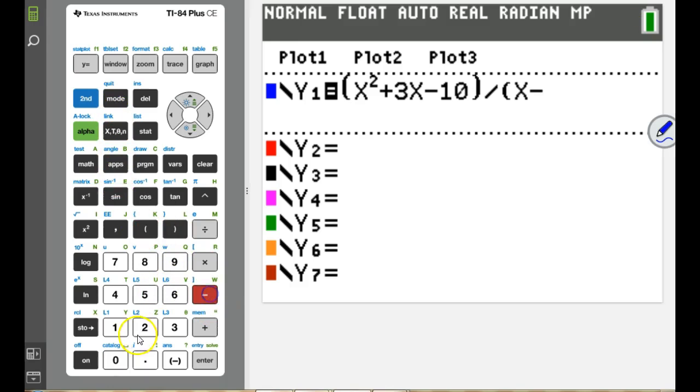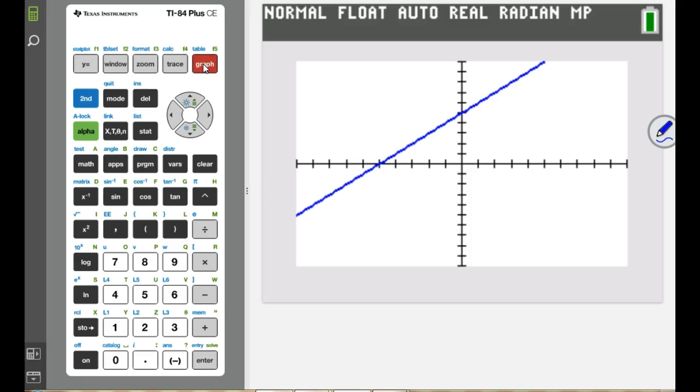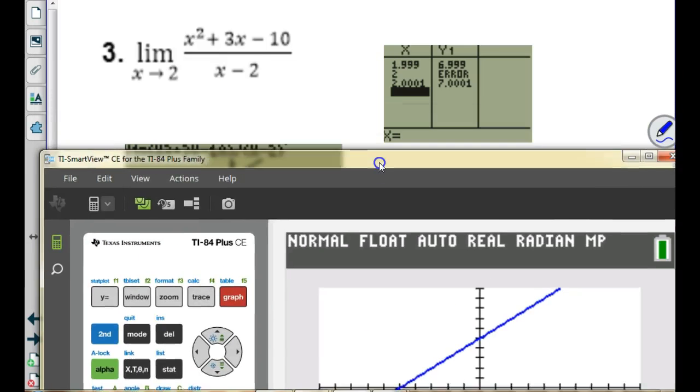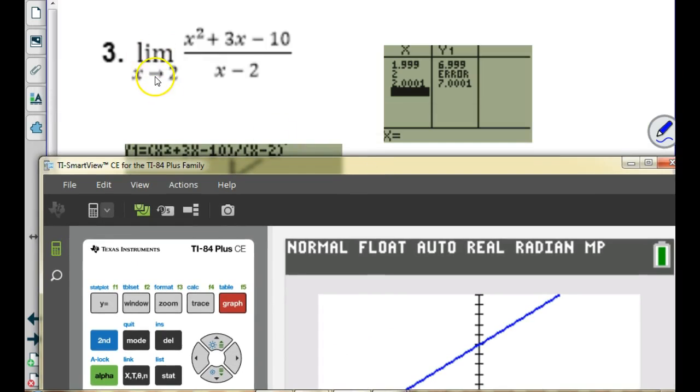Thank you. You need parentheses around the top and around the bottom. Just going to leave my standard window and see what happens. Okay, looks like it's aligned, so we shouldn't have any problems.